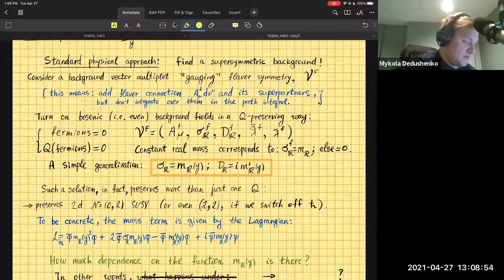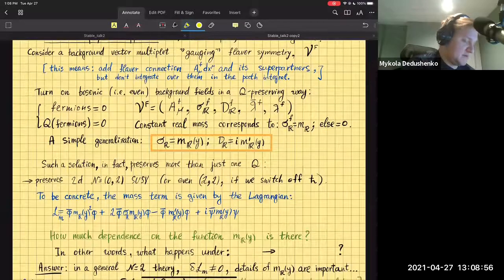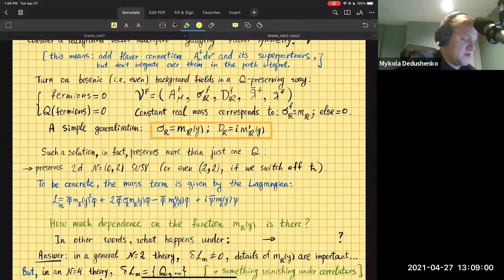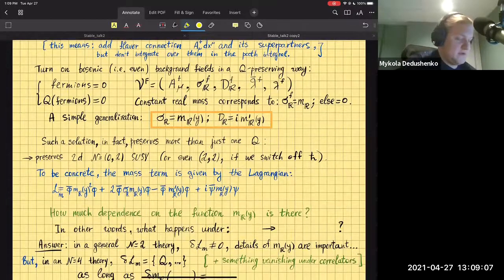To be more concrete, this way to introduce mass, when we turn on some background fields, I can just write the corresponding term in the Lagrangian.